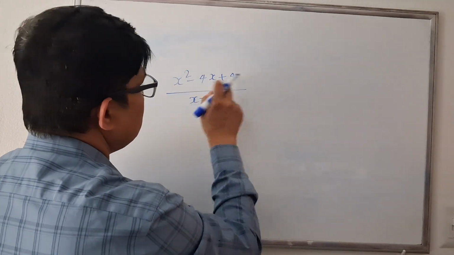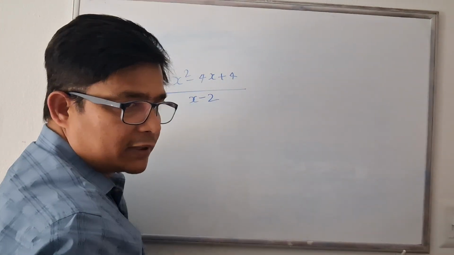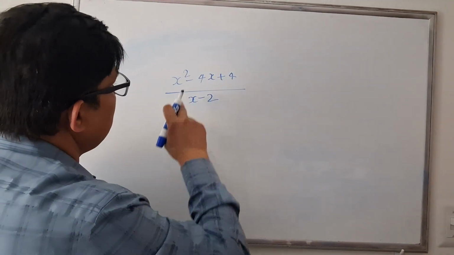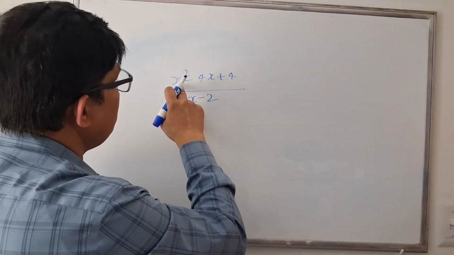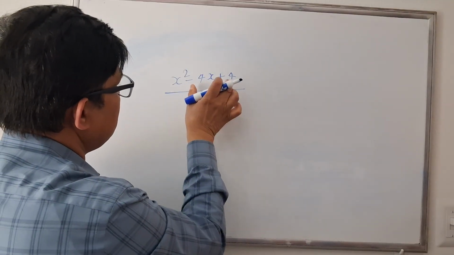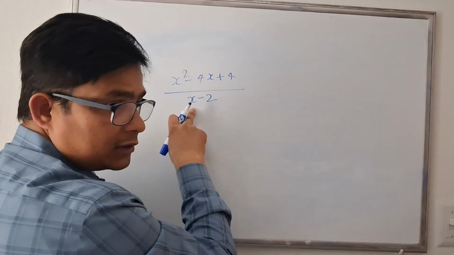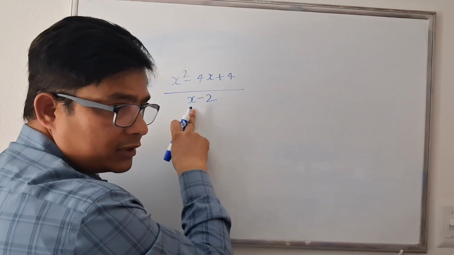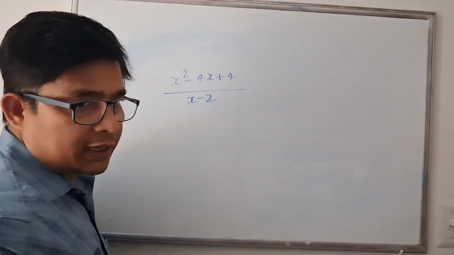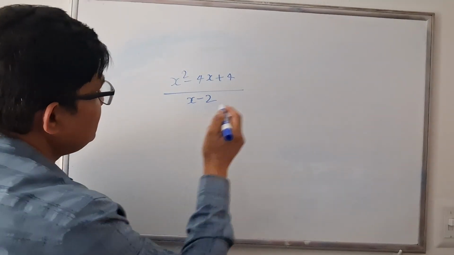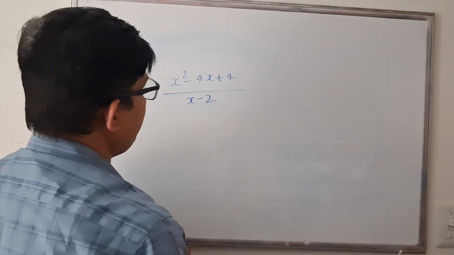One is to use factorization or factoring, where you convert this term into x minus 2 form. But in some of the complicated questions, it will be difficult to do that. So there is some easy option.